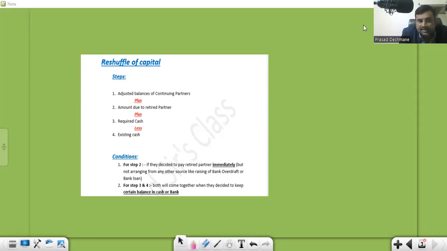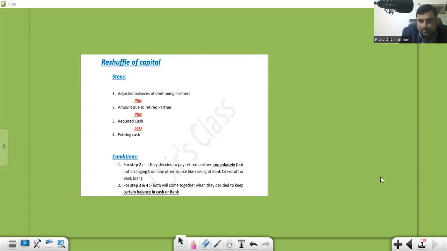Okay, for that we have some conditions as well. Step 1 is compulsory for every adjustment of capital; for that there is no condition. For step 2, the condition is that they decided to pay the retired partner immediately, but not arranging from another source like raising a bank overdraft or bank loan.